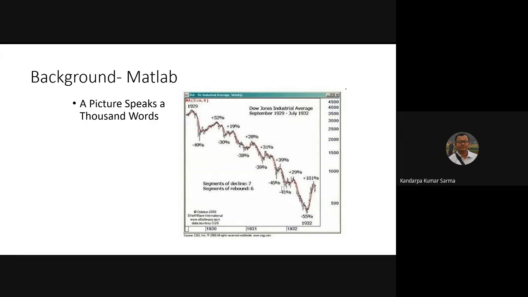So here this picture sums up why we need the MATLAB. Since a picture speaks 1,000 words, that is the basic philosophy behind which the MATLAB tool has developed.